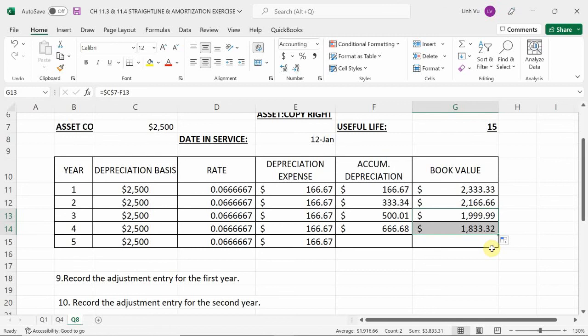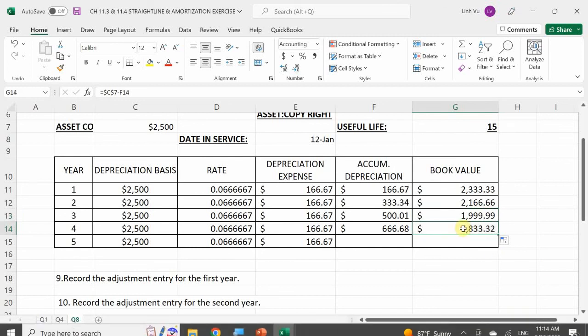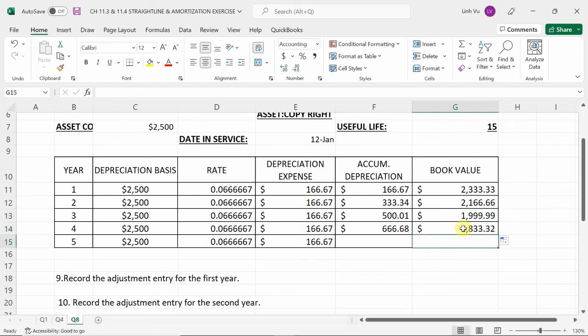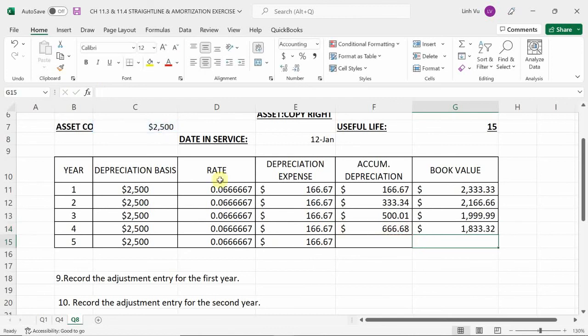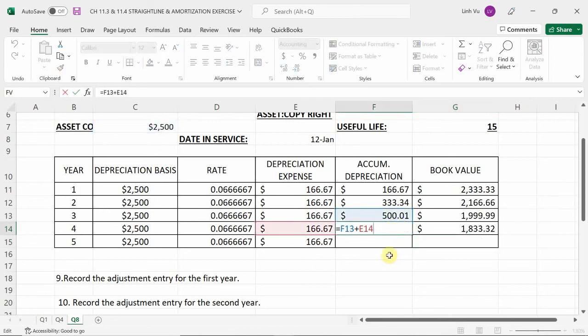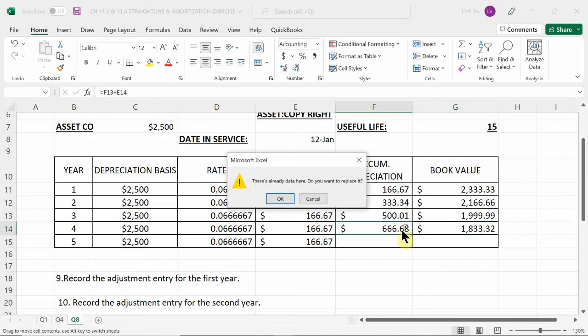Okay. How do you get 32? Oh, I'm sorry. I'm looking at the wrong number. Okay, yes.